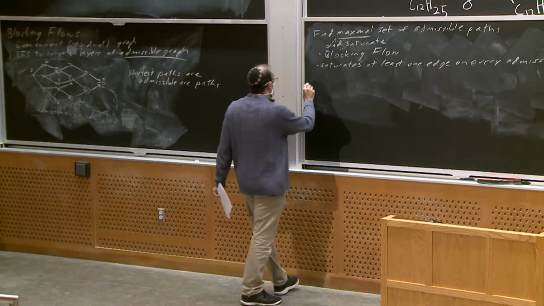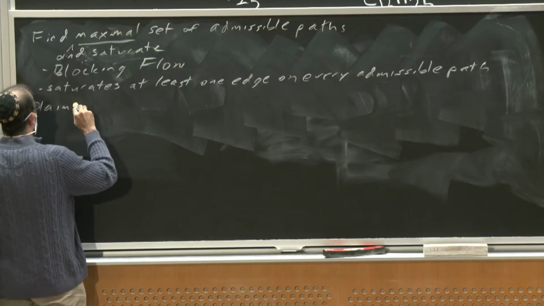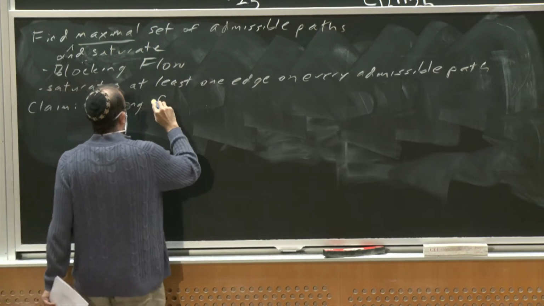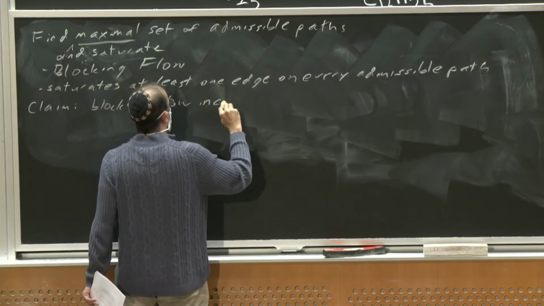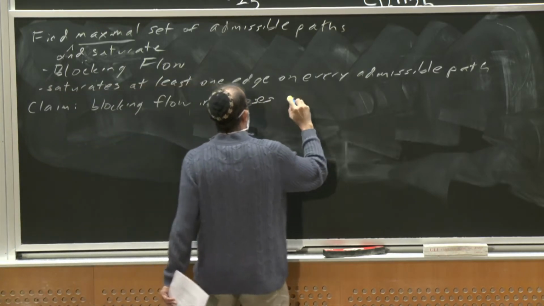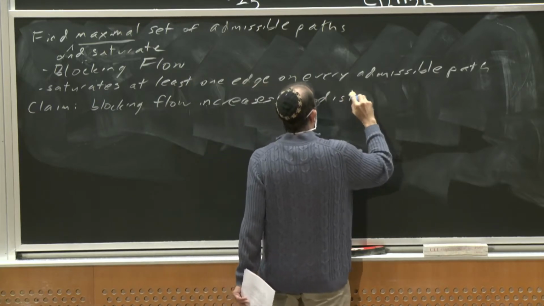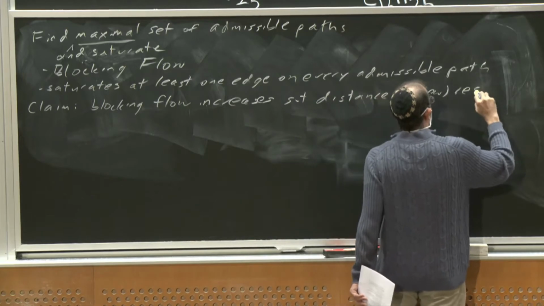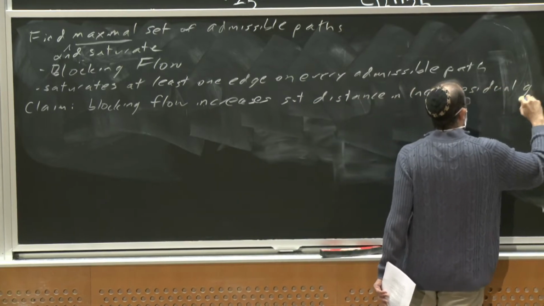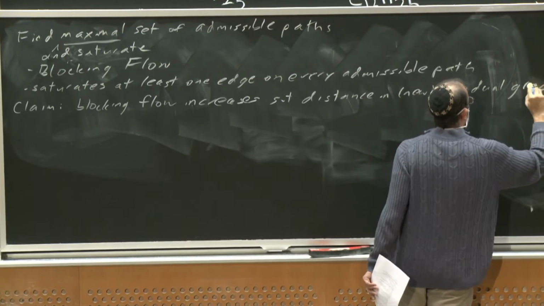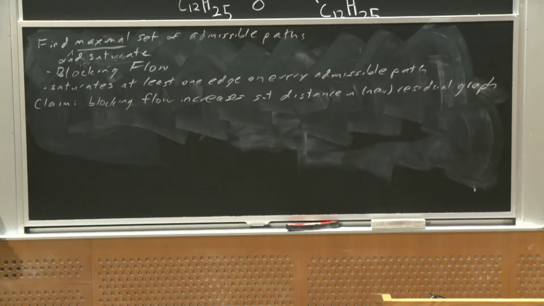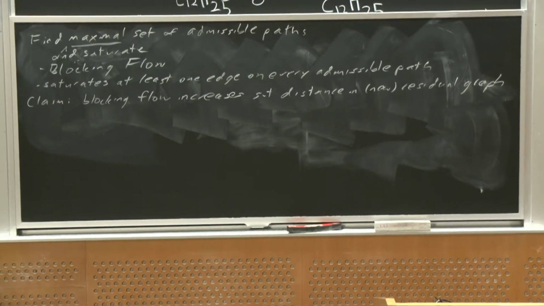So the key claim is that a blocking flow increases the ST distance in the new residual graph. Whatever the distance was before you computed the blocking flow, if you now compute a blocking flow, the new residual graph has a larger ST distance than it did when you started.